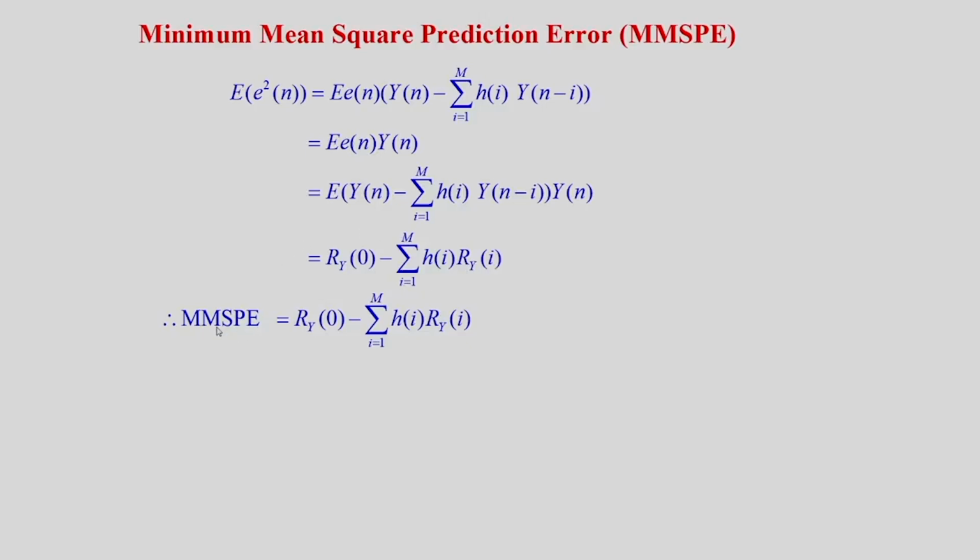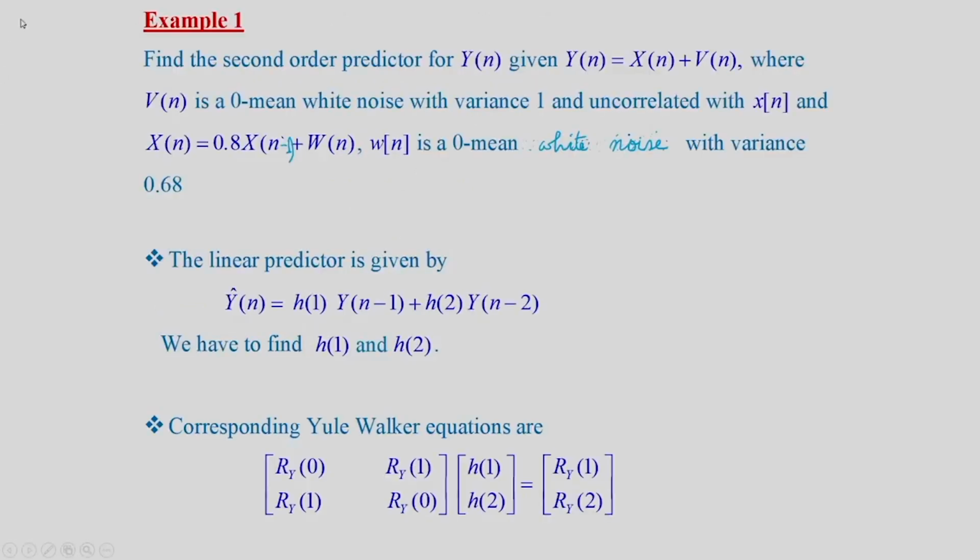Therefore, the minimum mean square prediction error is equal to ry 0 minus summation h i into ry i, i going from 1 to m. This is the expression for the minimum mean square prediction error.